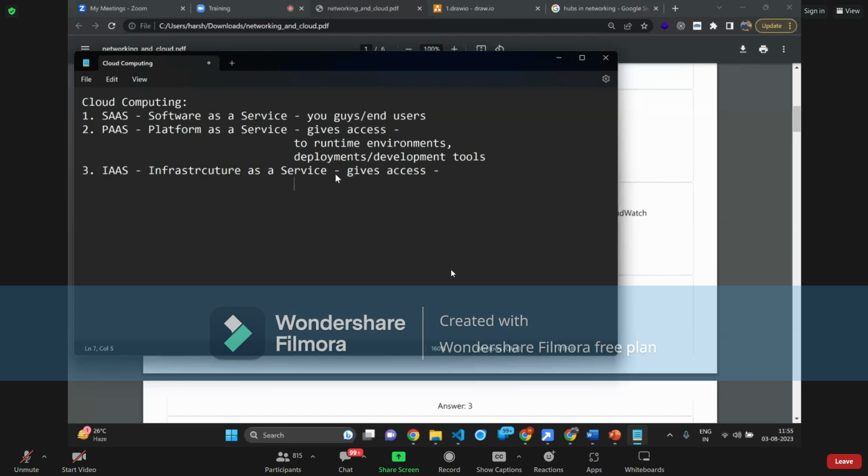It gives access to physical capabilities, VMs. What does a VM stand for? It stands for a virtual machine, storage.